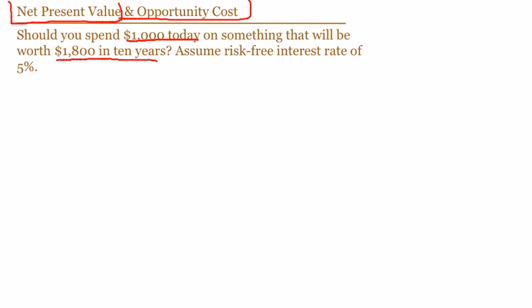Now, certainly it will be more valuable in the future, and spending $1,000 today will turn into $1,800 in 10 years. But that alone does not make this a profitable investment, because we have to think about the opportunity cost of that $1,000.